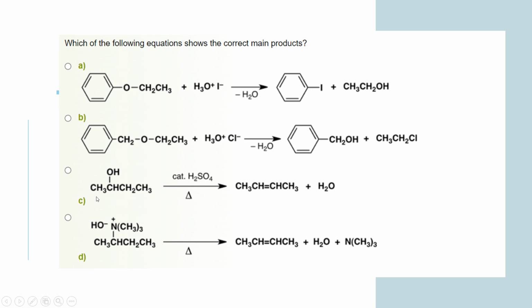In option C, you are given catalytic sulfuric acid under heating condition and you are getting this alkene as the final product. In case of acidic dehydration of alcohols, as we have already studied, you get the more substituted alkene, which is called the Saytzeff product, isn't it?